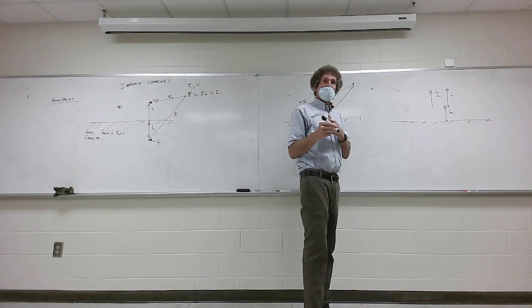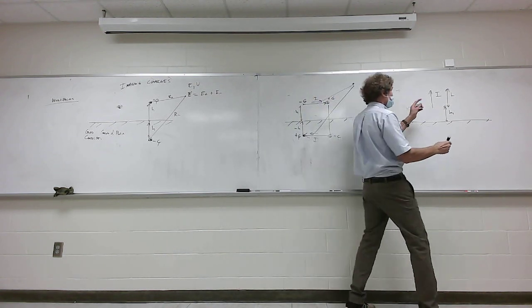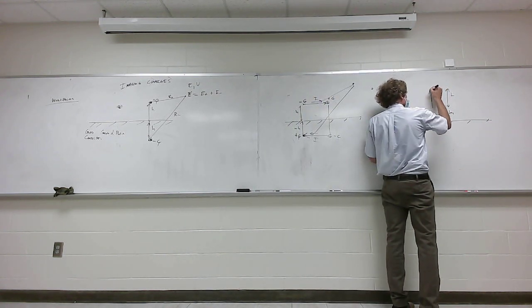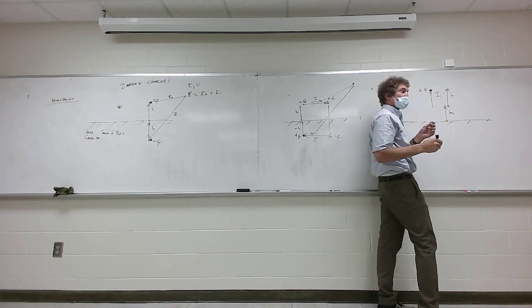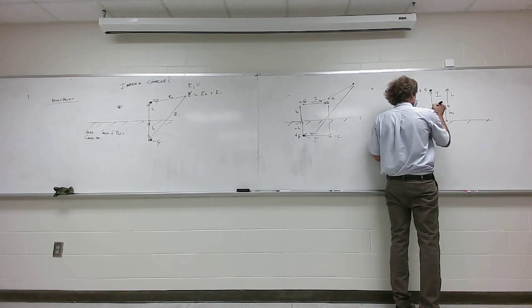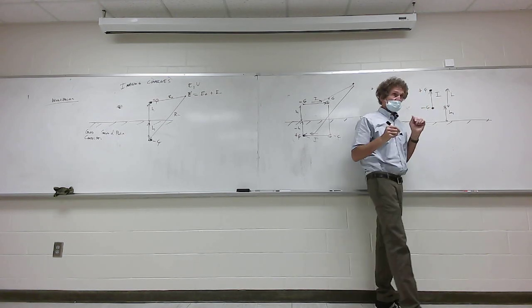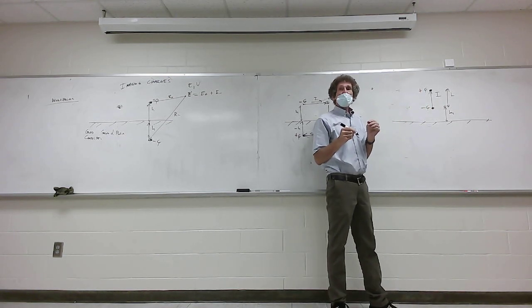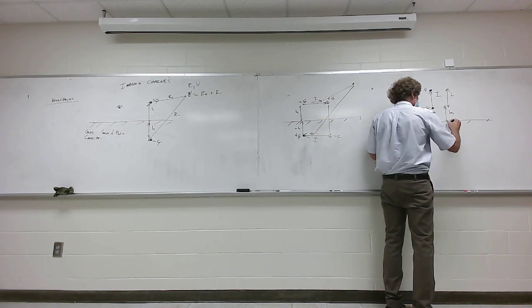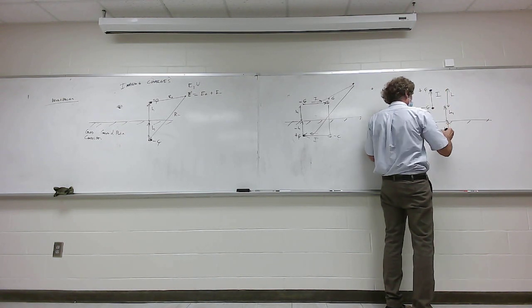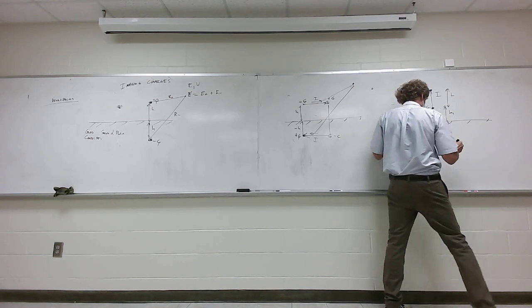Same way we did before. Where the current's going on top here, this is going to be a positive ball of charge. Where the current's coming from down here, this is a negative ball of charge. Got me on that? Now image those charges. Negative goes down a distance h and becomes a positive ball. The positive here, now I go ahead and extend this a distance L down here.